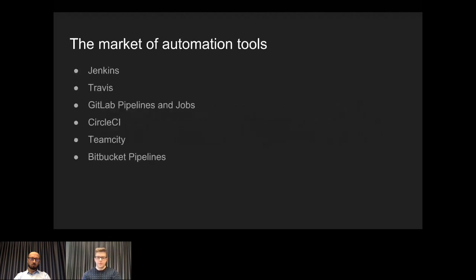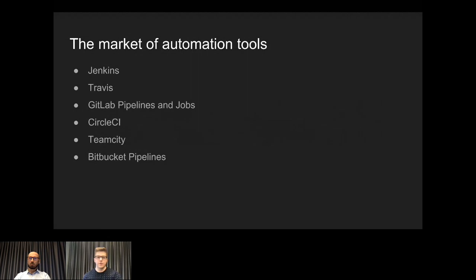All right, so what does the market of automation tools look like? We have tools like Jenkins, which is great, and we used Jenkins before. However, we switched to Bitbucket Pipelines because it's a bit easier and cheaper for us, but we will talk about it a little later. We also have Travis, GitLab Pipelines and Jobs, CircleCI, TeamCity, Bitbucket, and Bitbucket Pipelines, which we use.